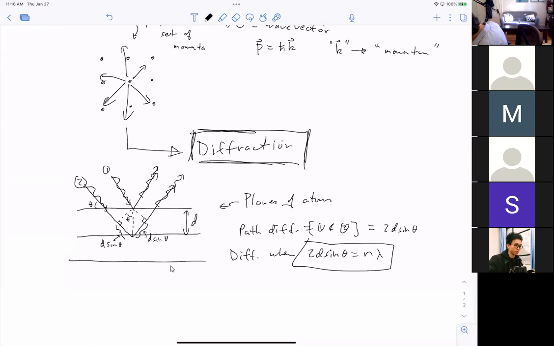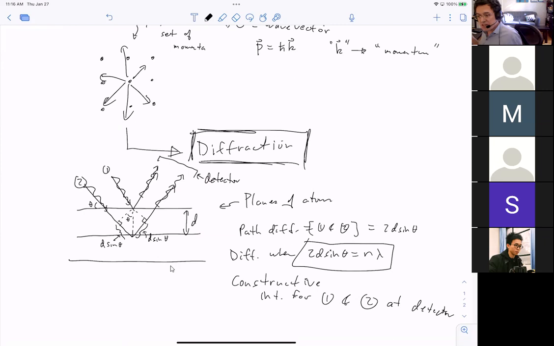That's the condition for constructive interference for the rays 1 and 2 at the detector, where there's some detector here. I'll put it here. This is the detector far away. Okay, so that's a picture that you have all seen.